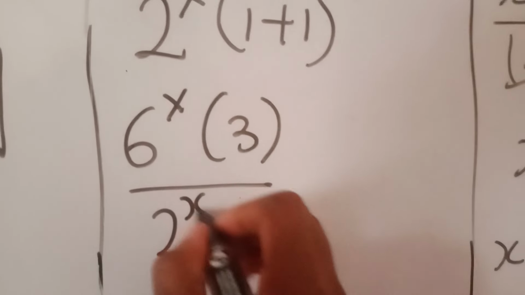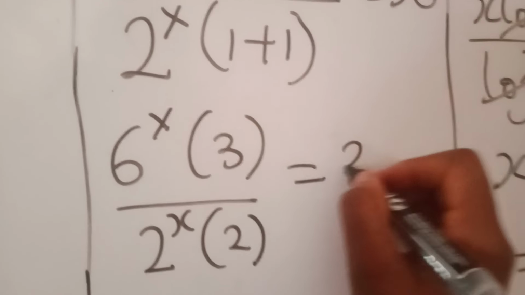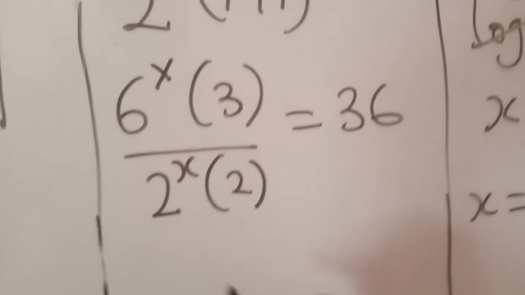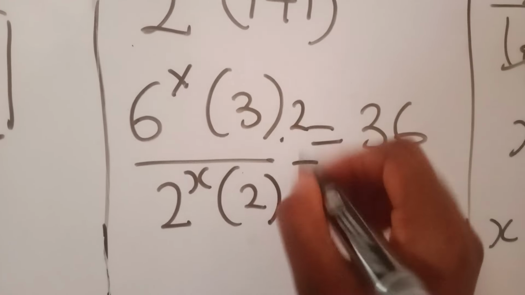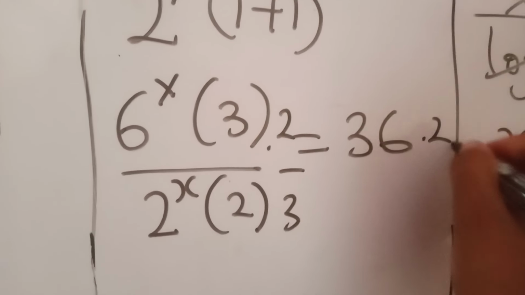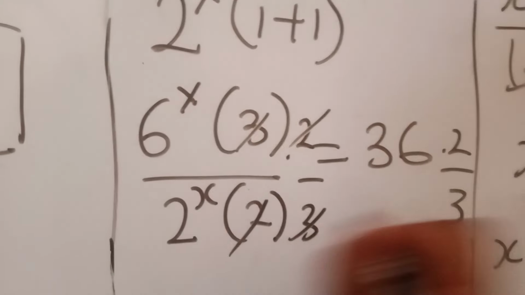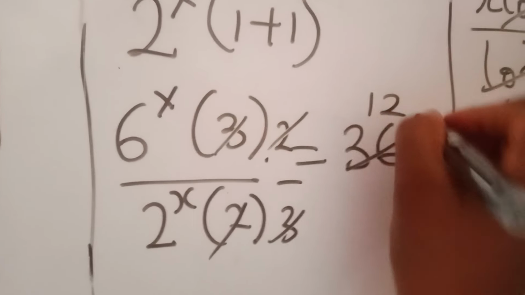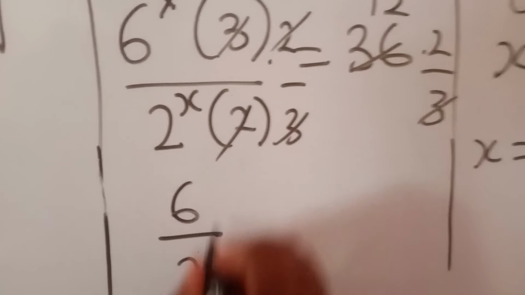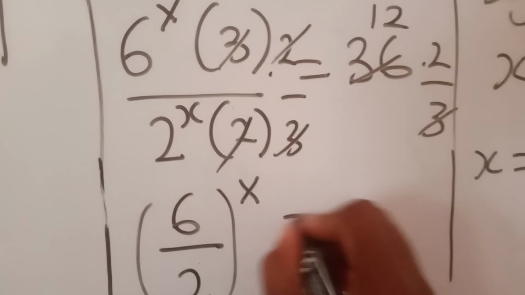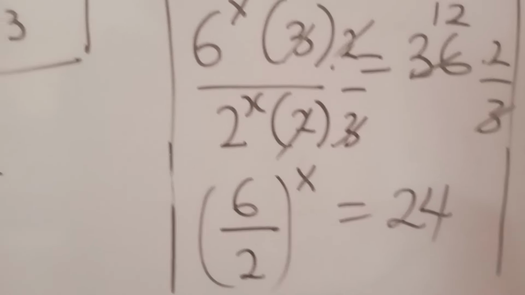Then remember we did some quick division, where this cancelled and this gave us 12, and we had this all to the power of x, remember? So this is where we'll be dealing with.